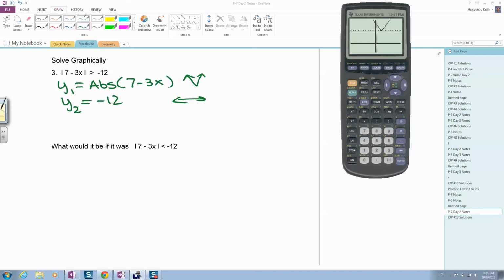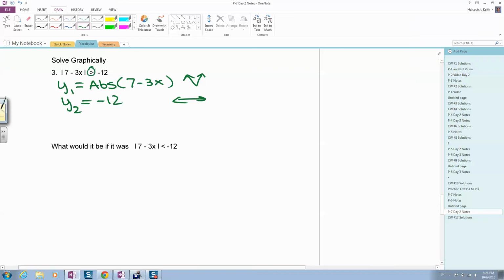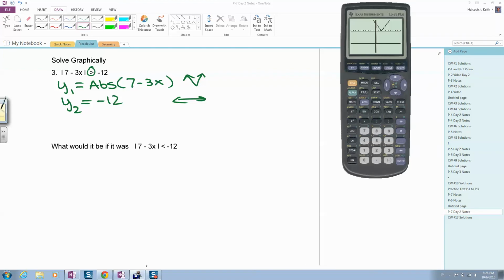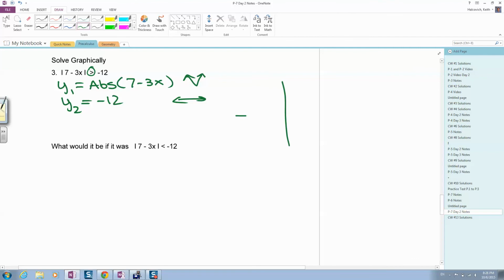So now the question is, where is it greater than negative 12? Well, if you notice, we'll graph it. You have something like this. So there's no intersection. Now, the question is, where is it above the line?